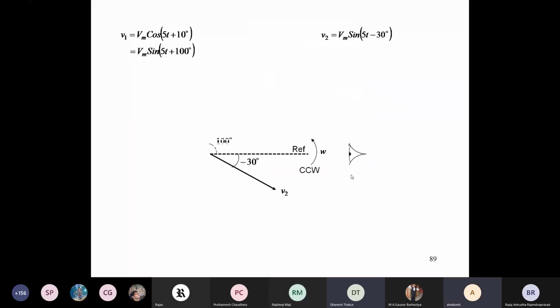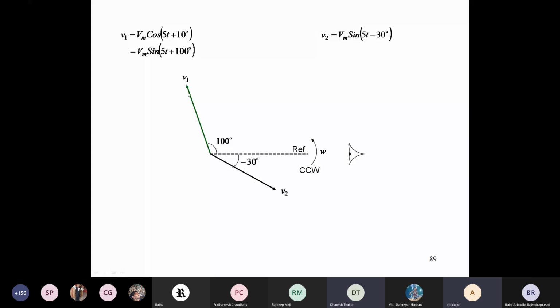Sir, in this question, V2 should lead V1 because our eye will see V2 first, because we are rotating in the counterclockwise direction. First V2 passes the reference line, then our eye will see V2 first. Then V2 leads V1.